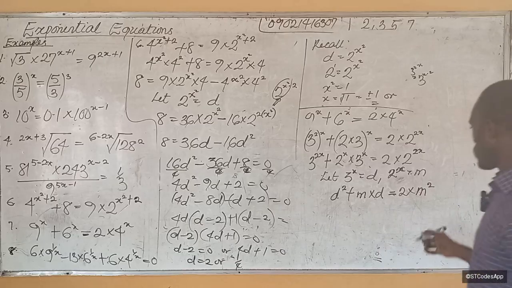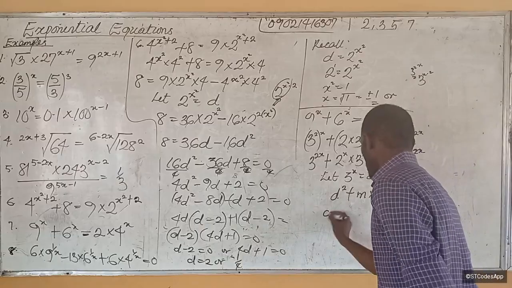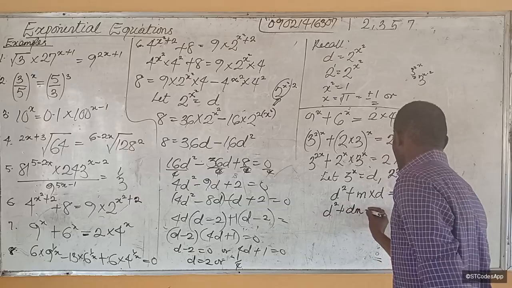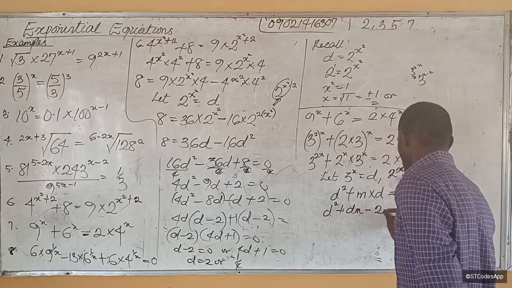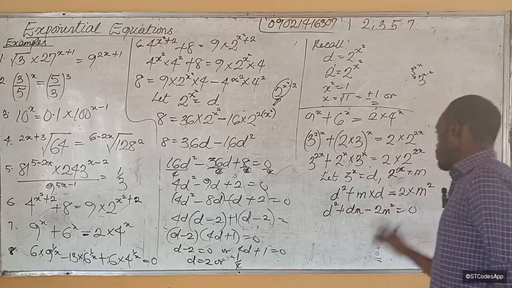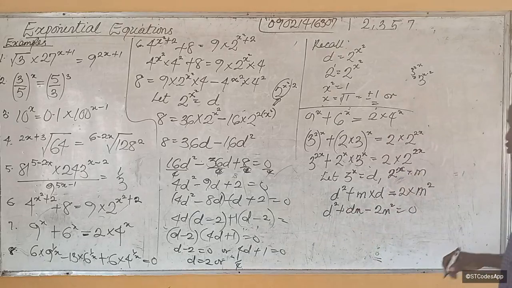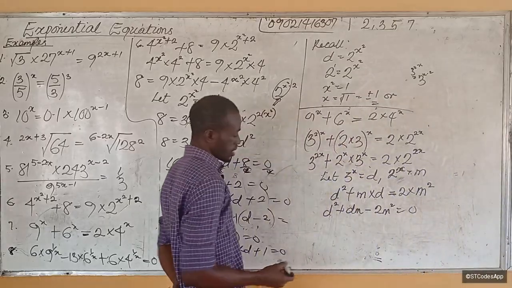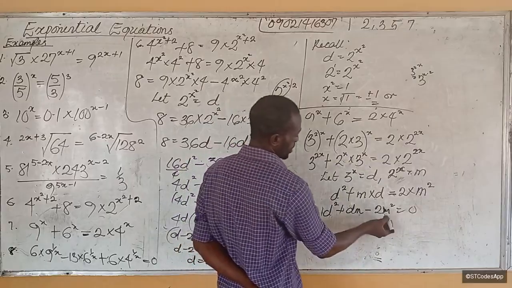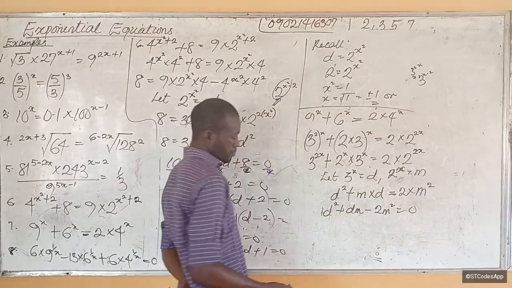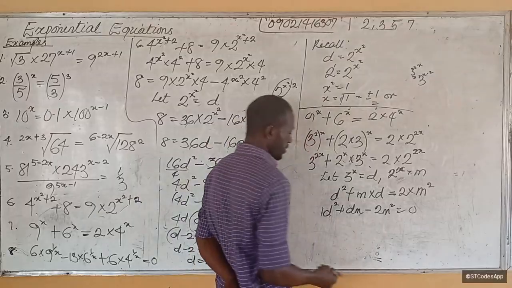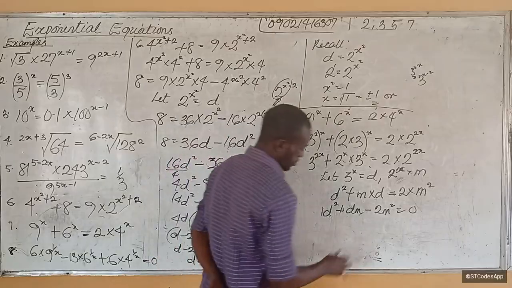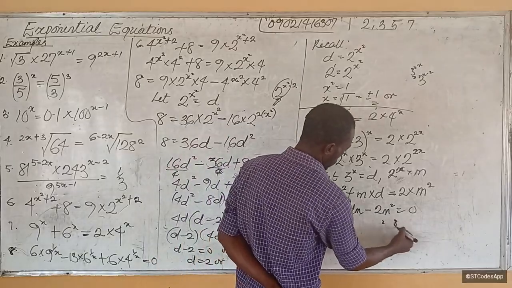Is it clear now? So by the time we solve this, this becomes d squared plus dm minus 2m squared is equal to 0, by the time I bring this here. So to solve quadratically, now here you say 1 multiplies this becomes 2. So what are the factors of this that will give us that? Factors of this, those are 2 and 1.